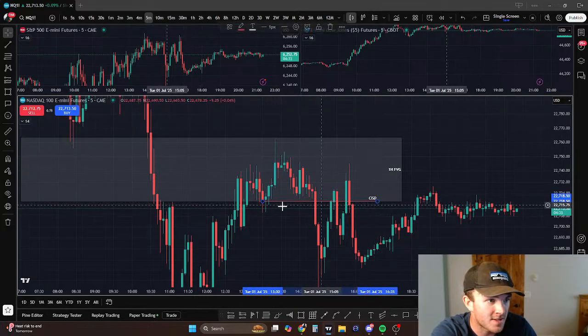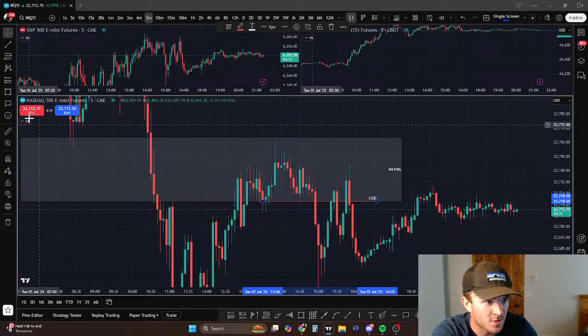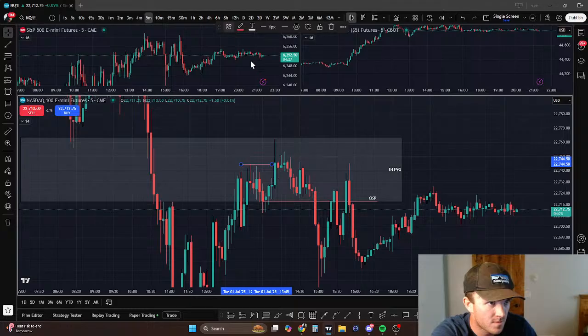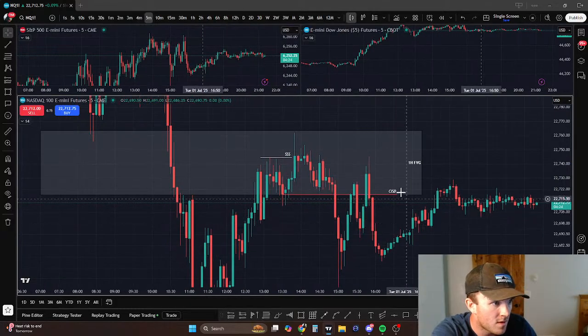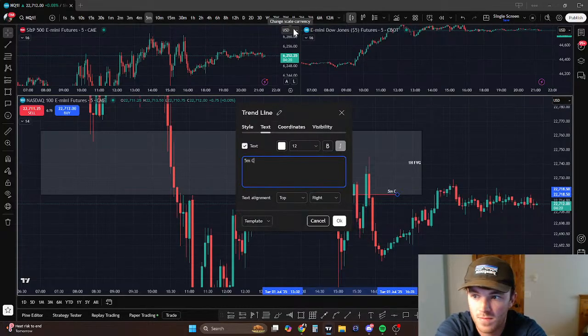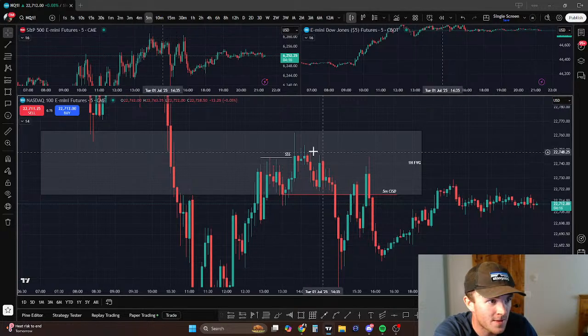Yeah, that makes sense. Because this is the one that sweeps liquidity. So 5-minute change state delivery. And then we get SMT with this high.